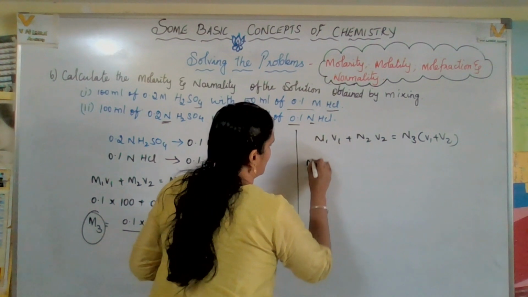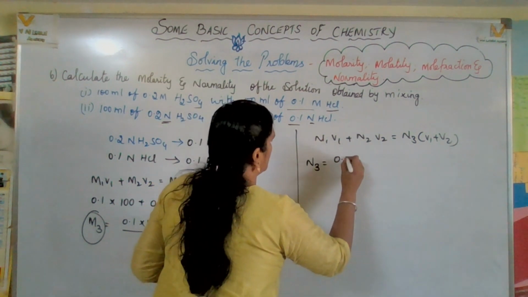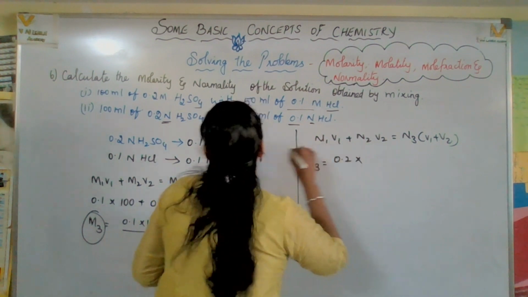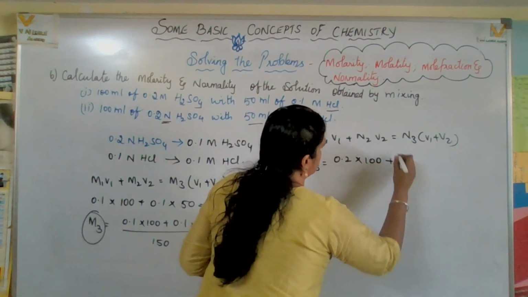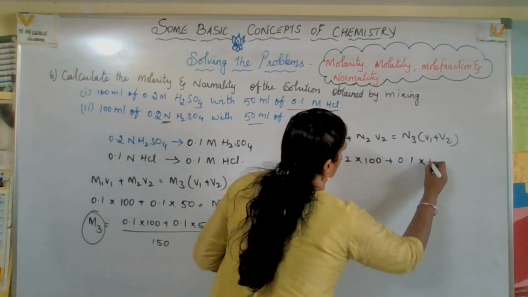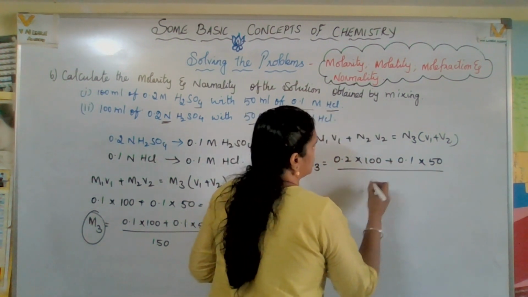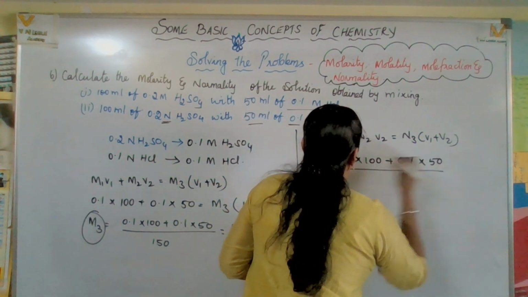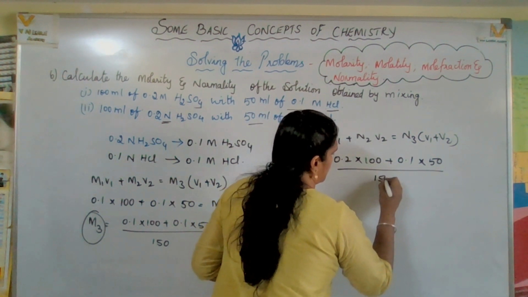So N3 equals 0.2 into V1, 100 ml, plus N2, 0.1 into 50 ml, divided by 100 plus 50, that is 150.